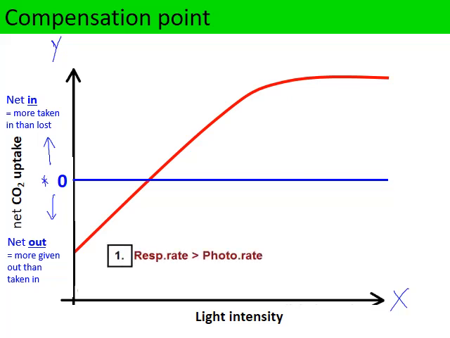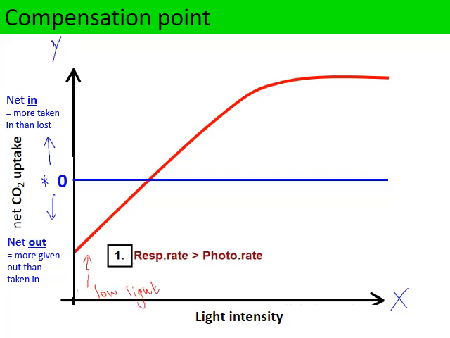Now if we look at the level of CO2 uptake in different intensities of light, what we can see on the left hand side is that the red line represents the net uptake of CO2 in low light intensity.